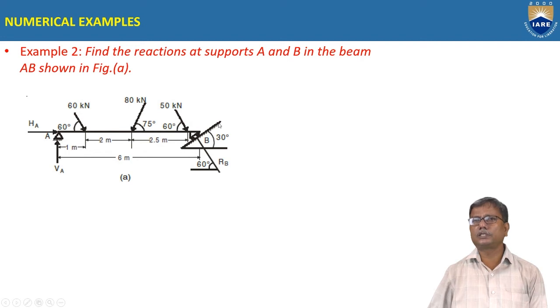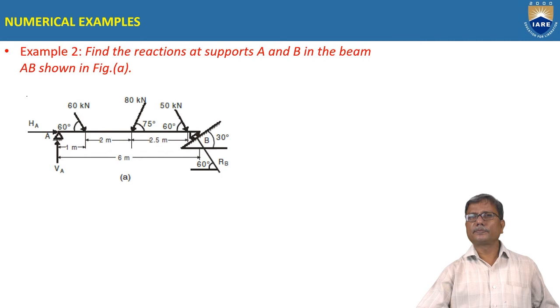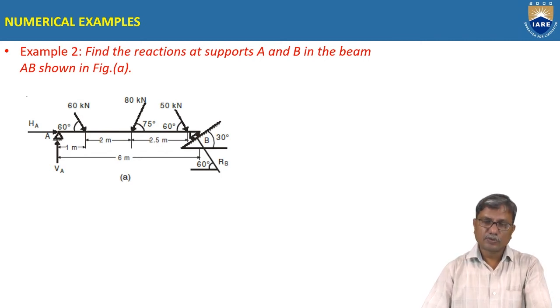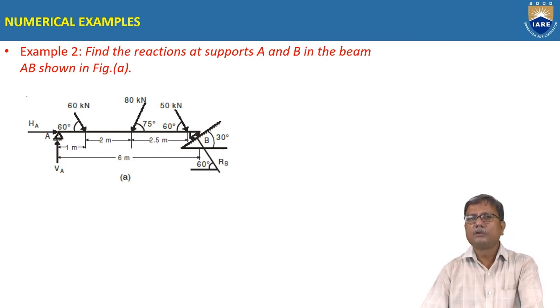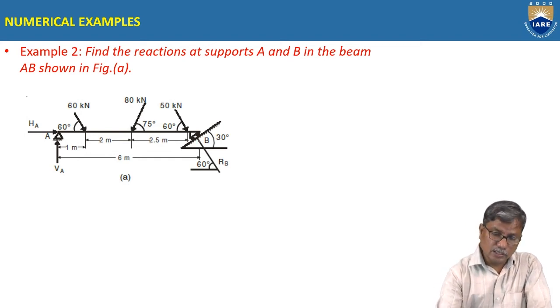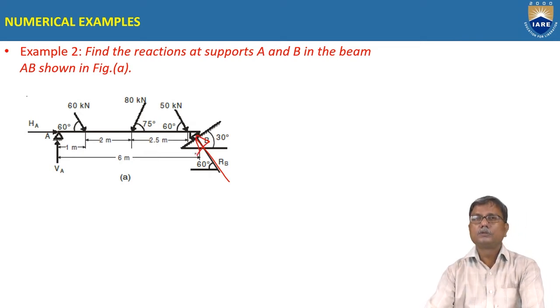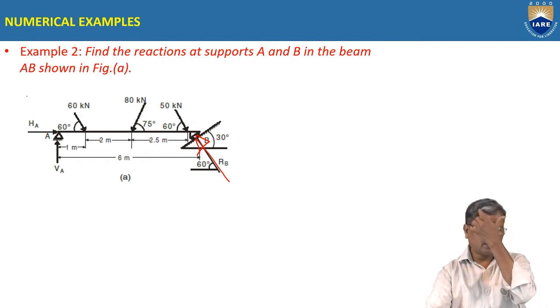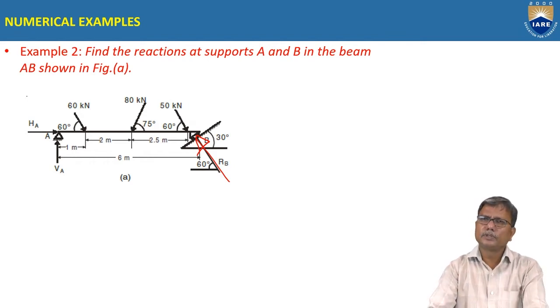The roller is resting on an inclined plane. So what is the difference here? The reaction at B will be now inclined to horizontal. The reaction at B will be perpendicular to the support.